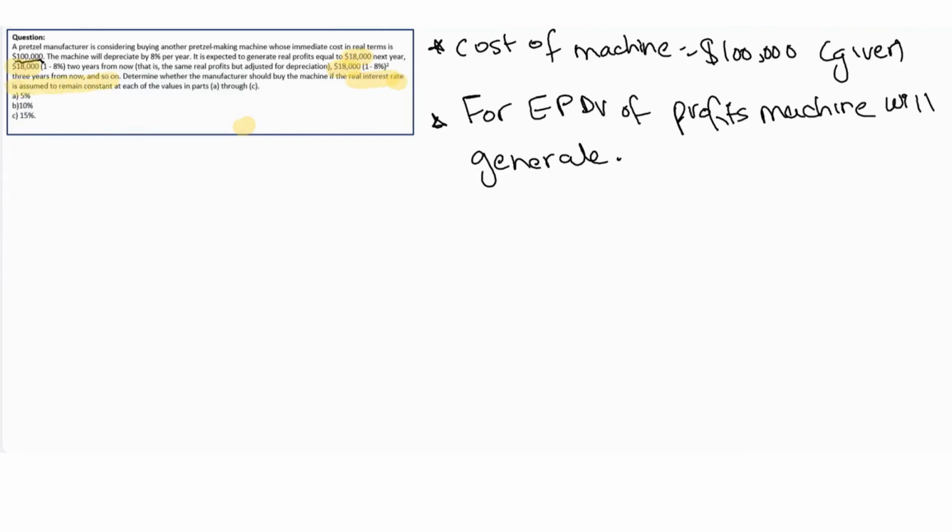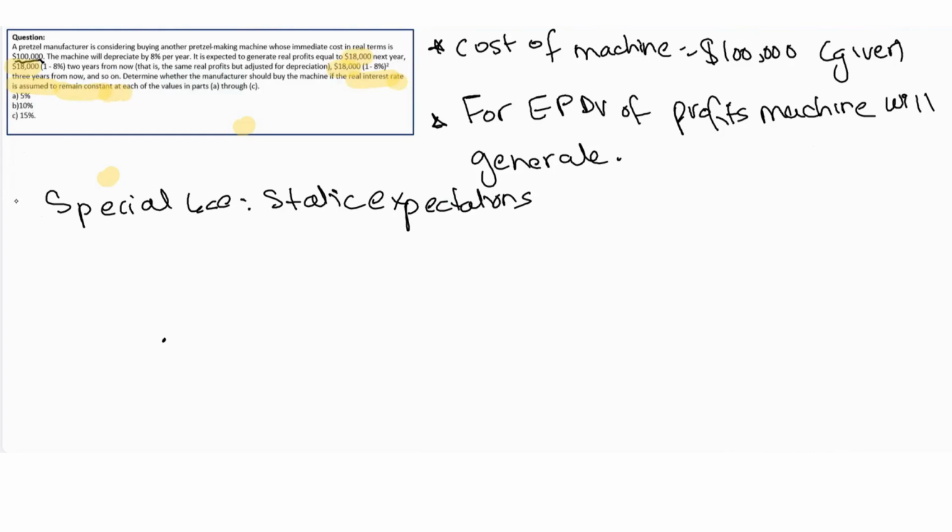So this tells us that we have a case of static expectations, a special case in which it's very easy to find the expected present discounted value of your profits. The text talks about this.